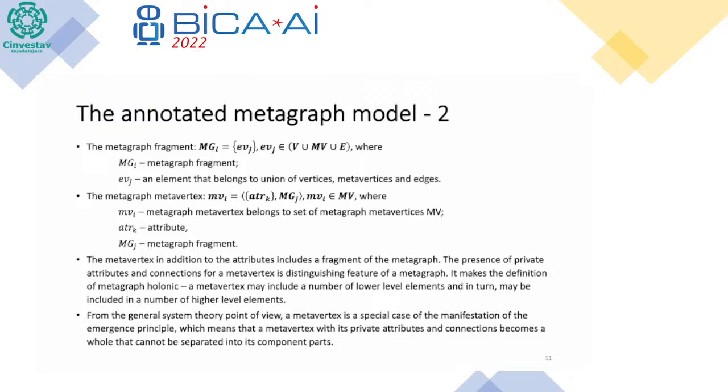A metavertex, in addition to attributes, includes a fragment of the metagraph. The presence of private attributes and connections for a metavertex is a distinguishing feature of the metagraph. A metavertex may include a number of low-level elements and may be included in a number of high-level elements. So a metavertex with its private attributes and connections becomes a whole that cannot be separated into its component parts.